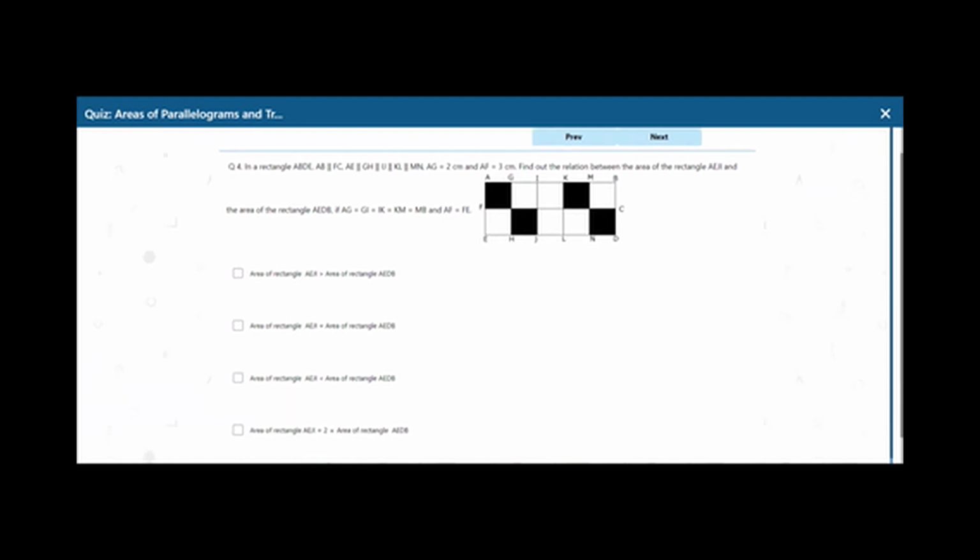Bhumika, you have to answer this question. Which is the correct option? Here AG is 2 and AF is 3. But they look equal, no? Like a square they look, isn't it? You have to find out the relation between the areas of the rectangle AEJI and AEDB.